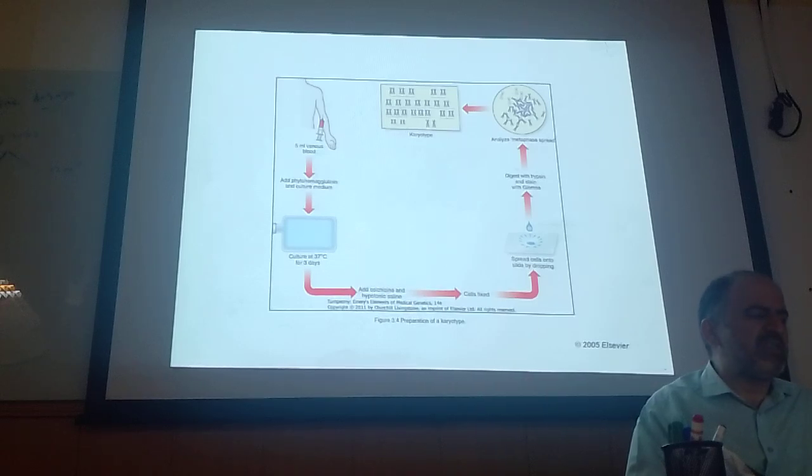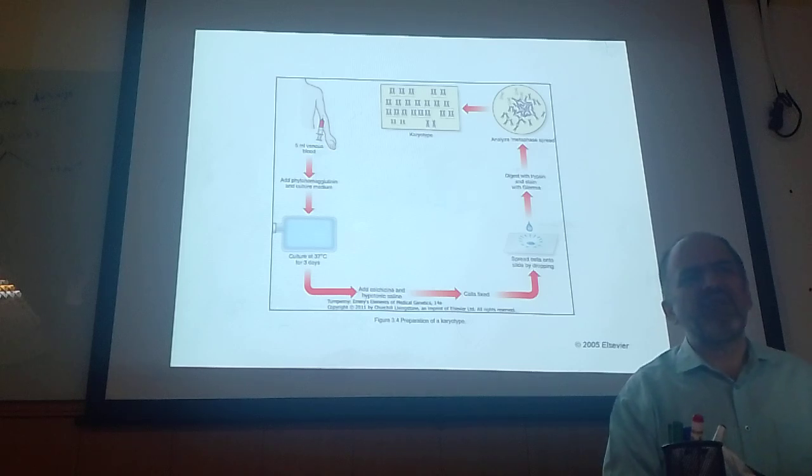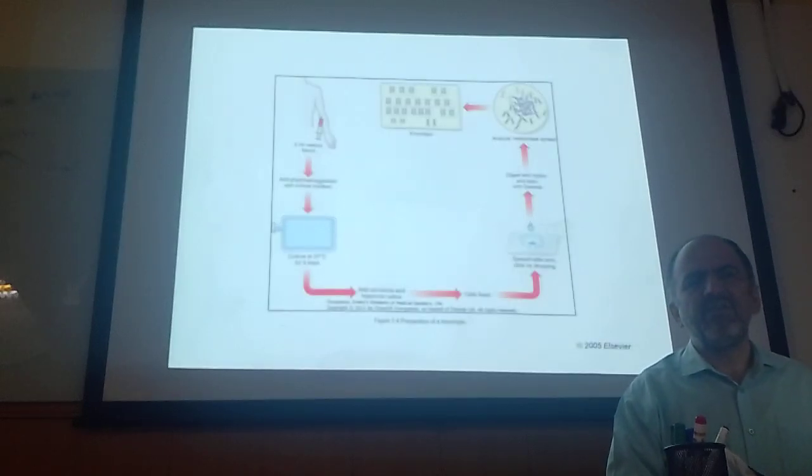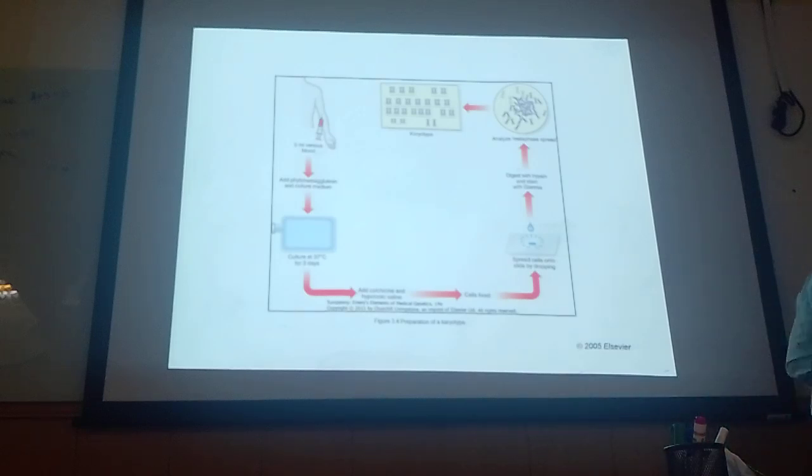Then we add colchicine. Does anybody know colchicine as a kind of drug? When do we use colchicine? Some of you should know colchicine. Usually we use it for gout, نقرس باللغة العربية. Gout, G-O-U-T. The people who eat too much meat, for example, the king, queen, they have much more meat.